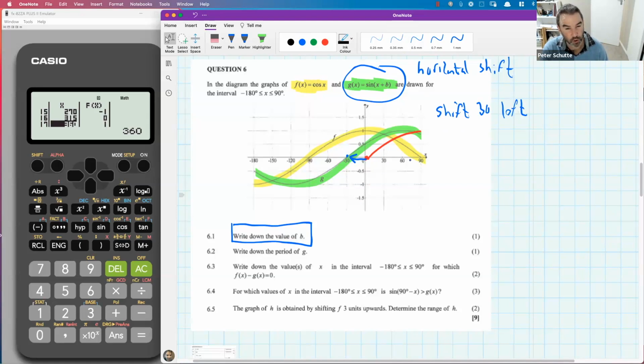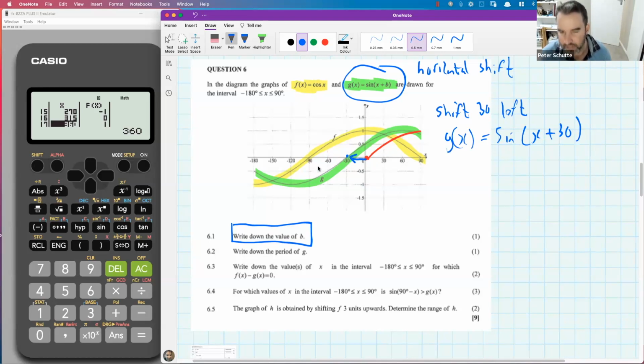Okay, remember, it always works a bit backwards. So if you want to move 30 degrees to the left, what does b have to be? And remember, it looks like you're going in the negative direction, but what's going to happen is you are actually going to get this graph, you need to have g of x equals the sine of x plus 30, because plus 30 will move it 30 degrees to the left.